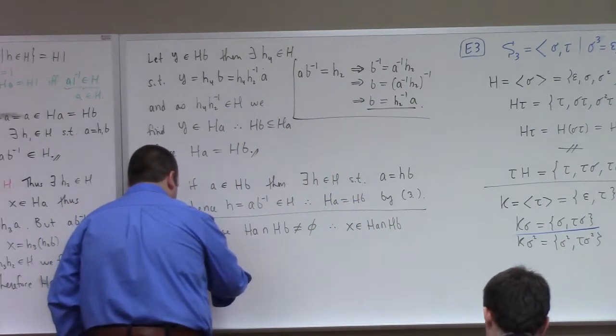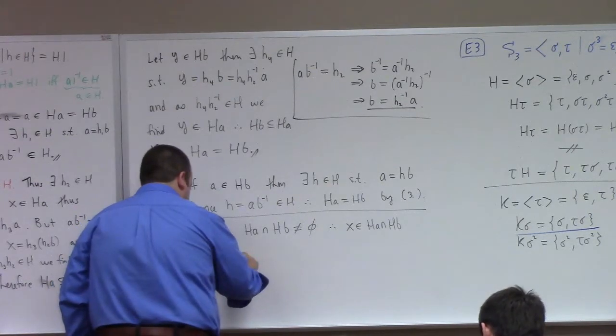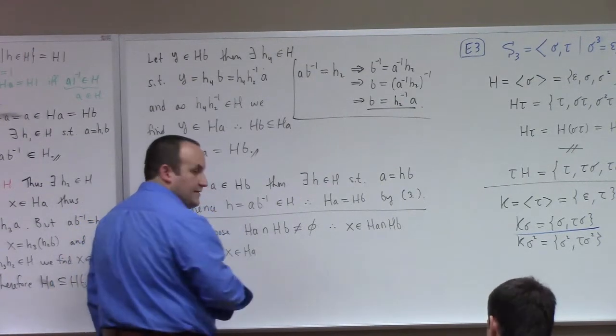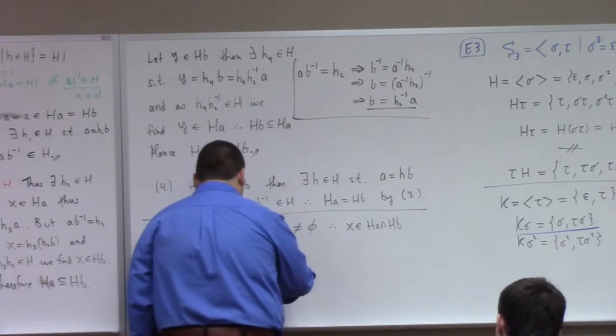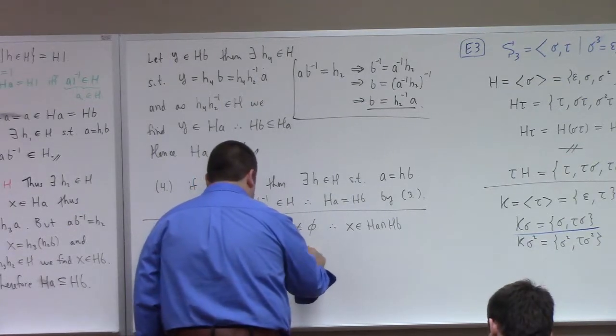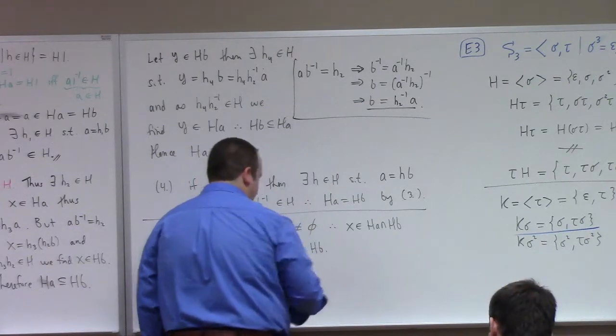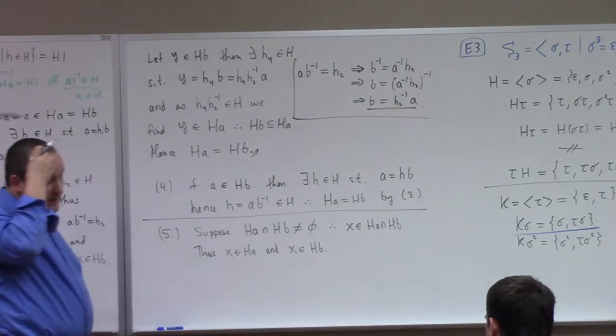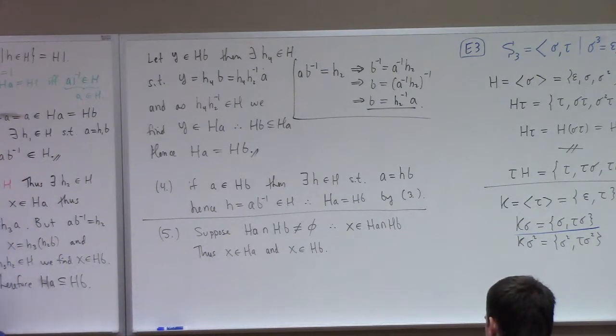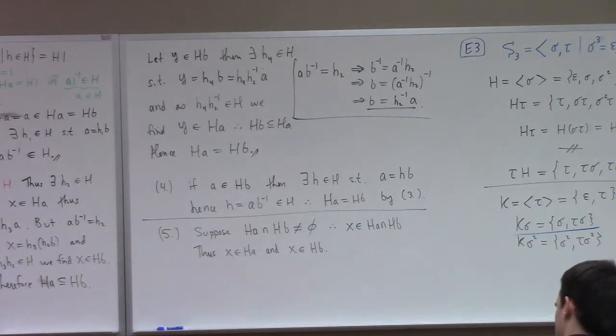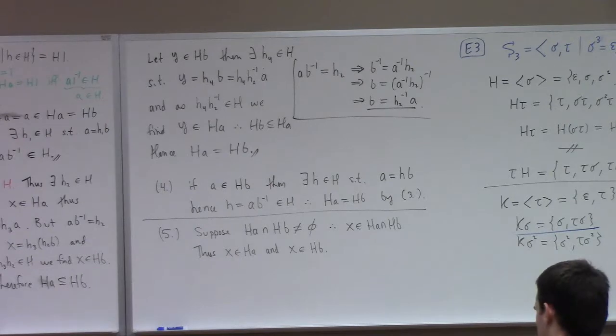Thus, X is an element of HA, right? And X is an element of HB. But what else is X an element of? Think about 2. X is an element of what?